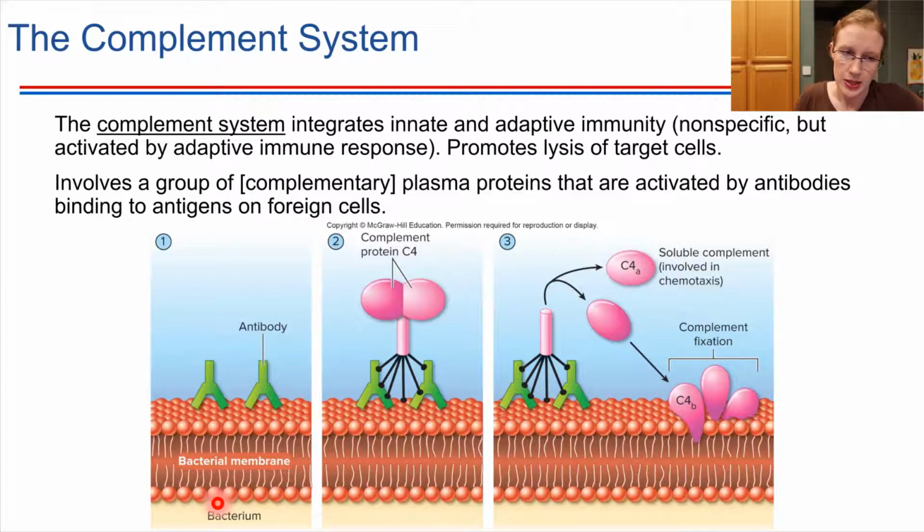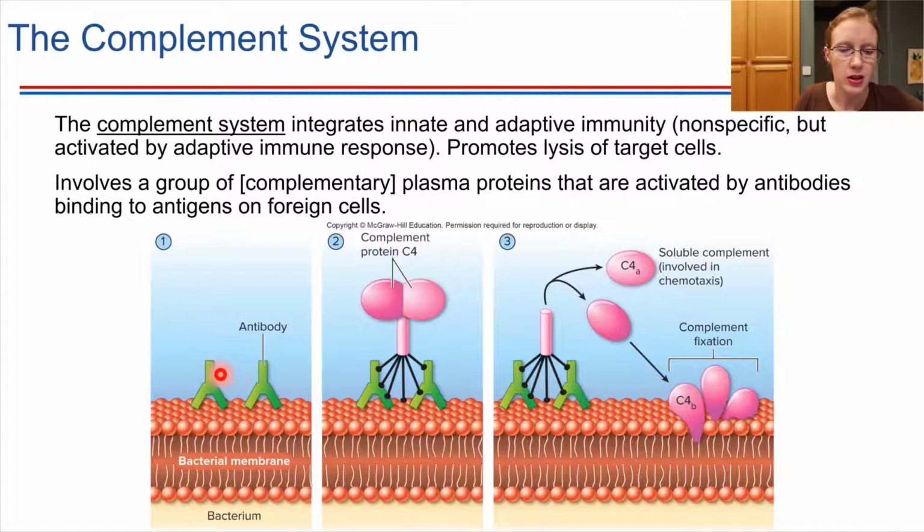The way that this happens is with a whole set of proteins. This is called the complement system because these proteins are complementary to what the B cells and T cells are doing. They act in a complementary fashion. So first step is for antibodies to bind. This is showing a bacterial membrane right here. So the antibodies recognize, okay, this is a foreign bacteria, let's bind to it.